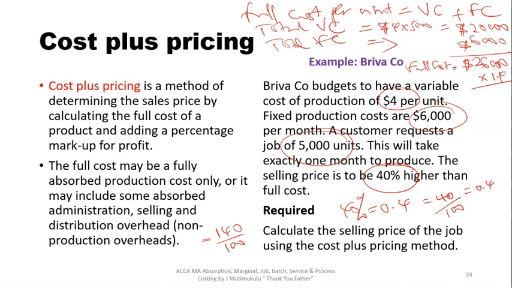But we are told that we have to add this 0.4 on top of a certain figure. A certain figure we are talking about is a 100% figure. 100% is equal to 100 over 100, which is equal to 1. So we are adding 0.4 plus 1, which gives us 1.4.